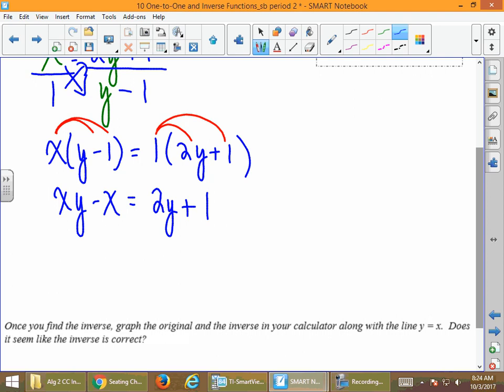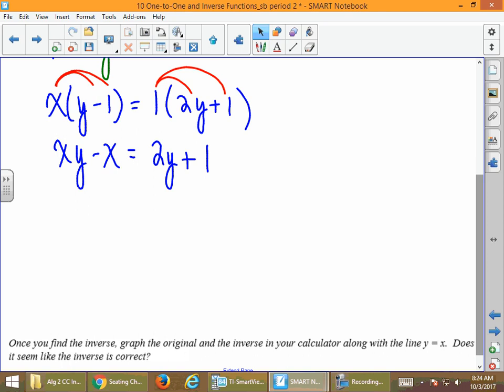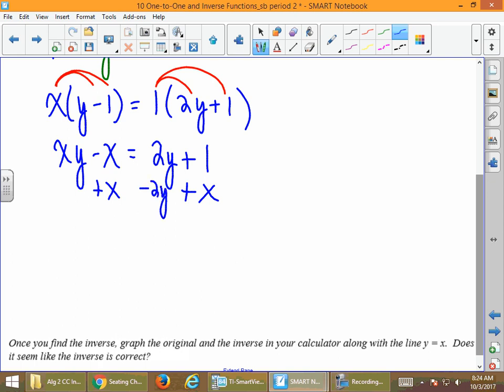What we're in the process of doing now is step 3, which is to solve for y. If we have a y term on the left side and a y term on the right side, we need to get all of the y's on the same side. So let's move the x over to the right side, and let's move the 2y over to the left side.